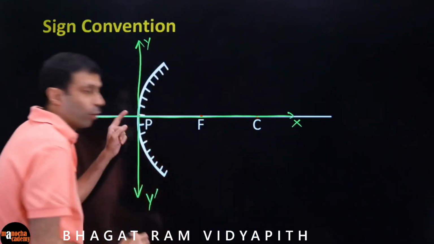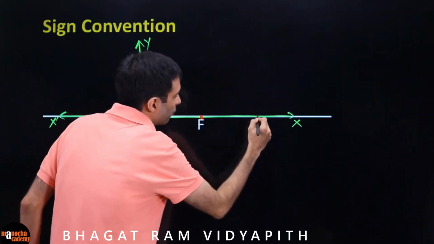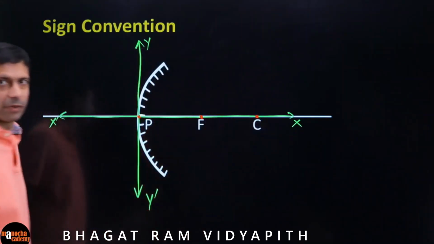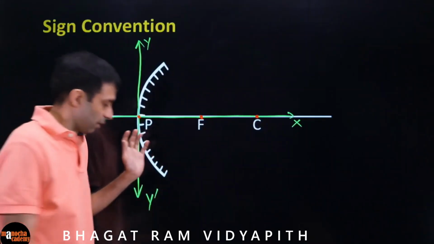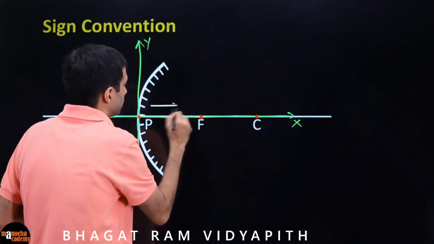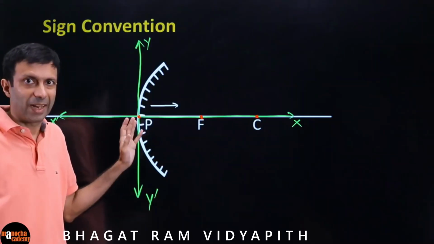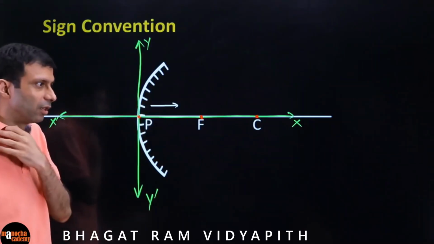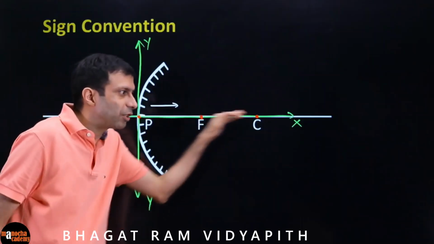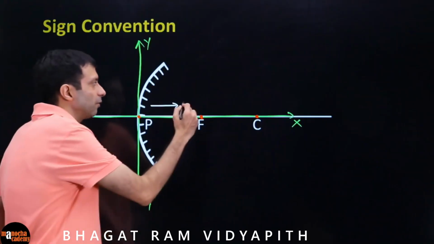So remember, the pole is the origin. Your focus is exactly halfway between pole and center of curvature. So once again, if we measure distances this way from the pole, will they be positive or negative? According to sign convention, this is called sign convention. So as you can see, these distances are measured along the positive x-axis. So definitely they will be positive.